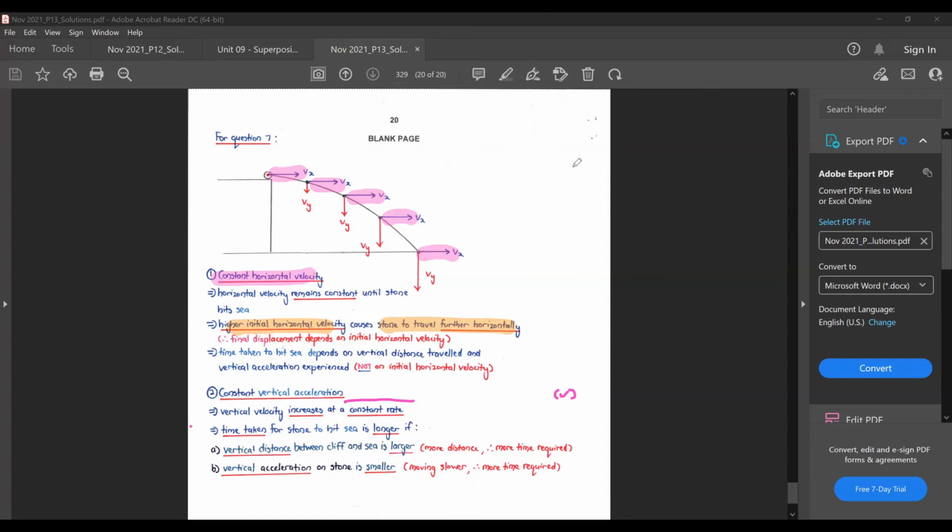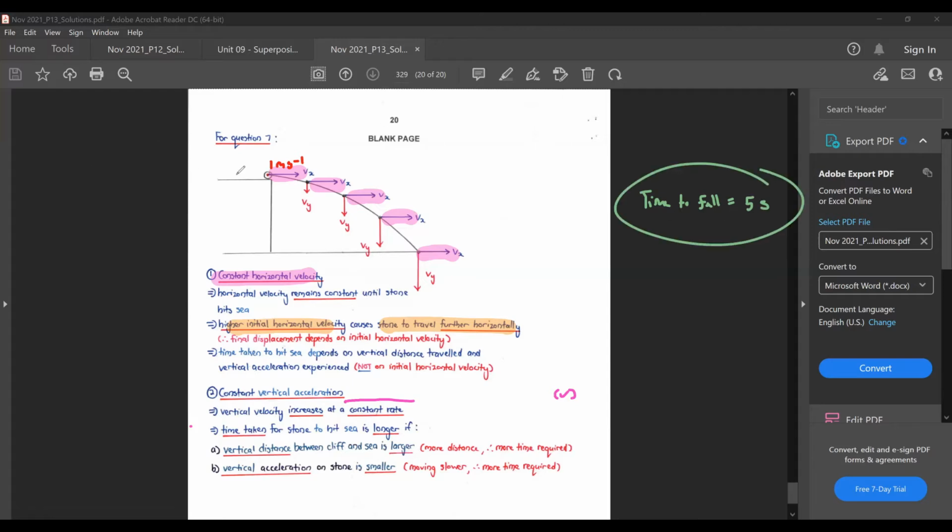Okay, so what I mean by that is this. To give you an extreme case, if your first case was that you threw the stone with 1 meter per second, and then, let's just say, for example, I give you some random value: time to fall is equal to, say, 5 seconds.